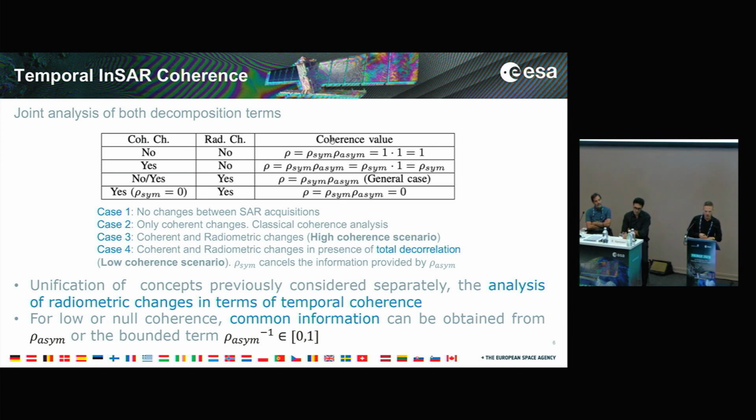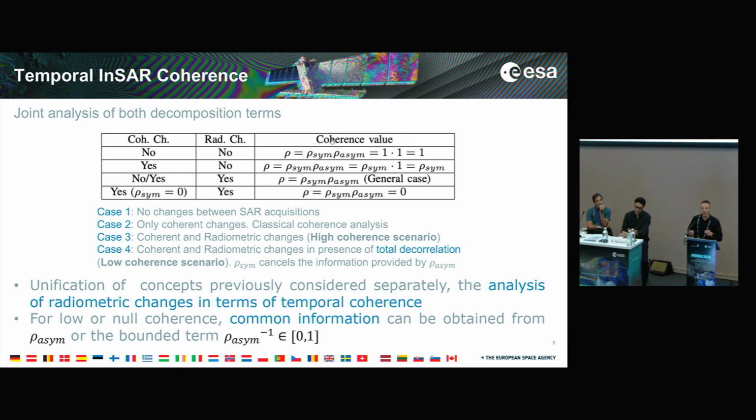When there are no coherent changes and no radiometric changes, coherence is equal to 1. So life is easy. When we have only coherence changes, we end up with the classical coherence. But when we have both coherent changes and radiometric changes, we have two situations. Case number 3 is what we call high coherence scenarios. This is the most general case. You have radiometric changes and coherent changes, and you cannot differentiate them.